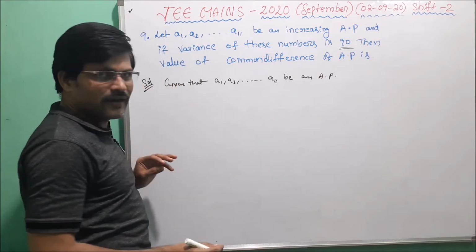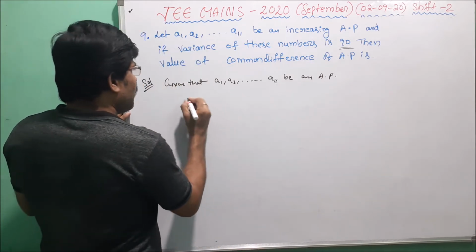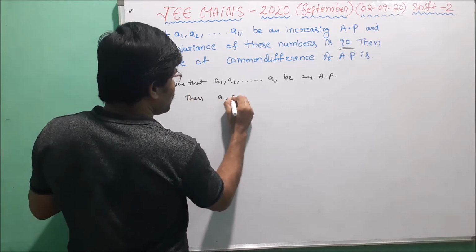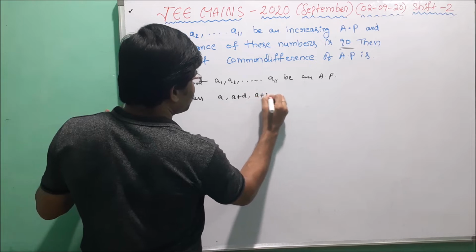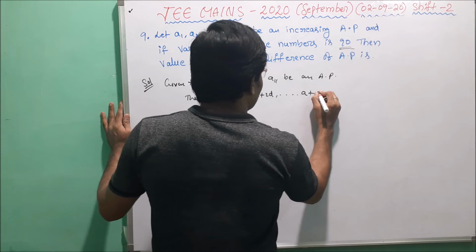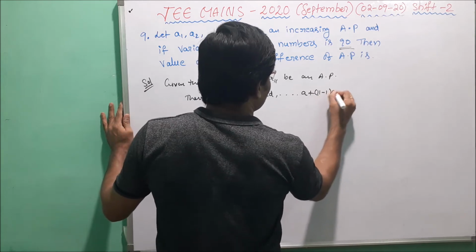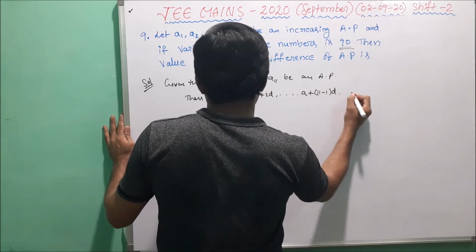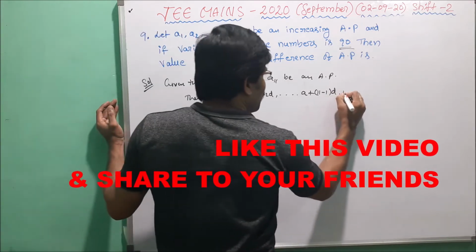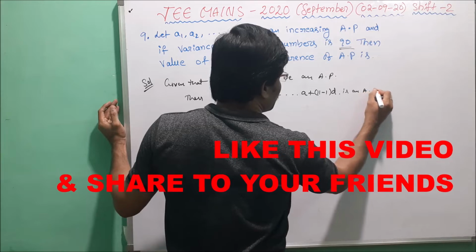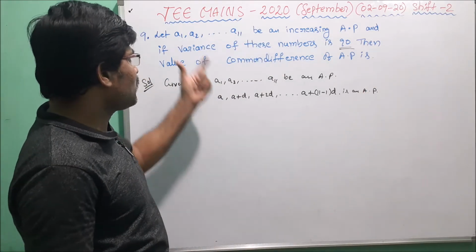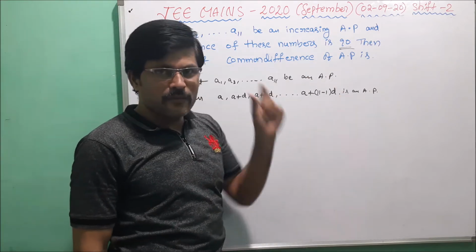So we take the general form of an AP: A, A plus D, A plus 2D, and so on, A plus 11 minus 1 into D. Here we know one result. The given numbers are in arithmetic progression.